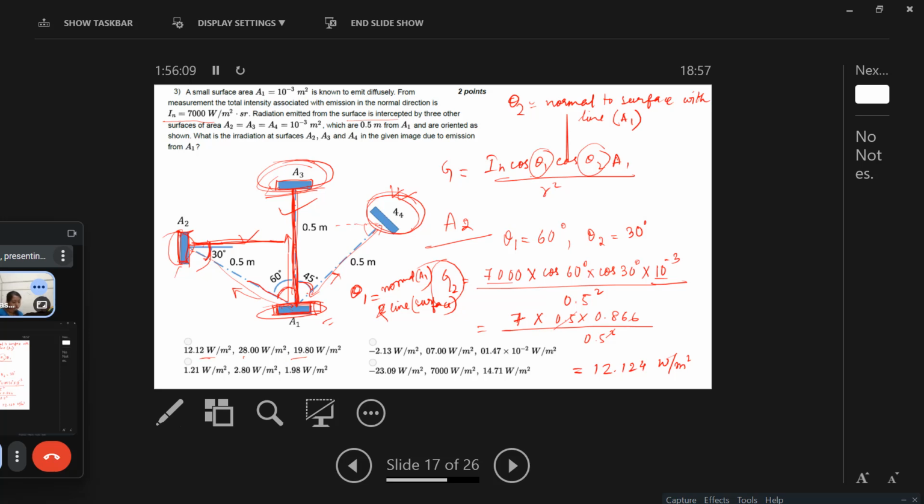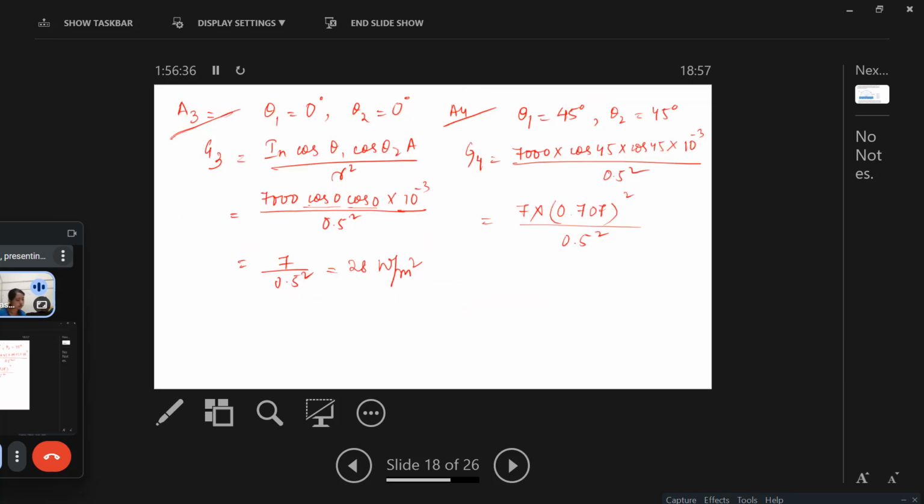Same way for A4, theta 2 is the normal connecting this. For A4, this is already tilted, so the normal is already this line. The normal and the line connecting A4 to A1 is the same, so theta 2 is 0 here.